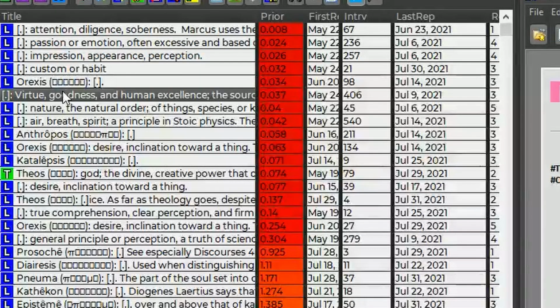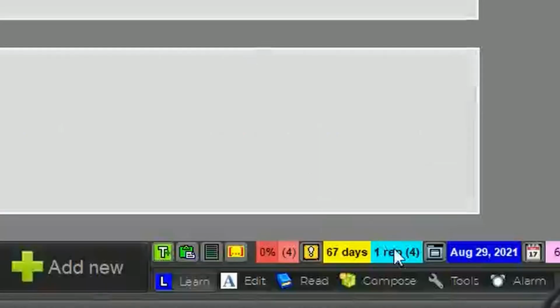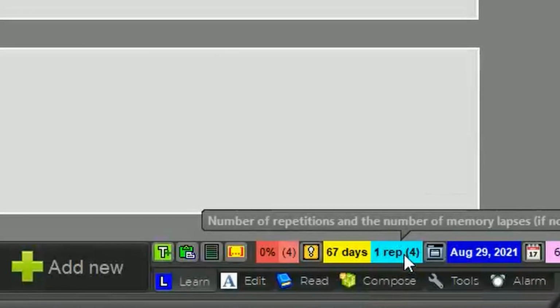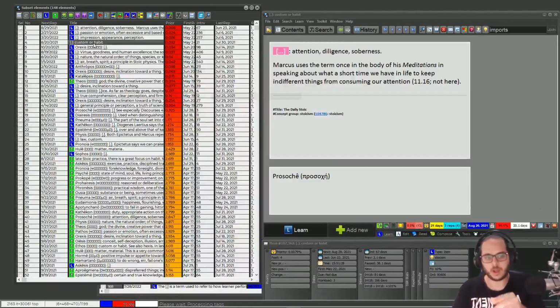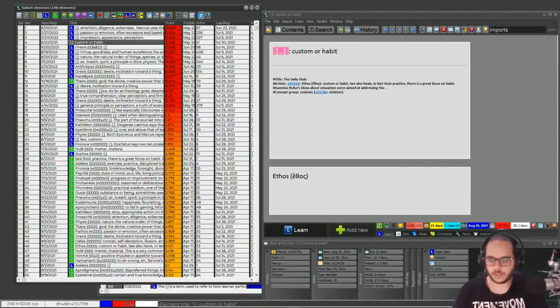And most of them I'm forgetting: 3 reps, look, 4 lapses. That's the extreme. The highest priority is even below 0.01, and I have already lapsed this 4 times. So this is why the maximum priority has a huge forgetting index: I did this very recently, in the past weeks.